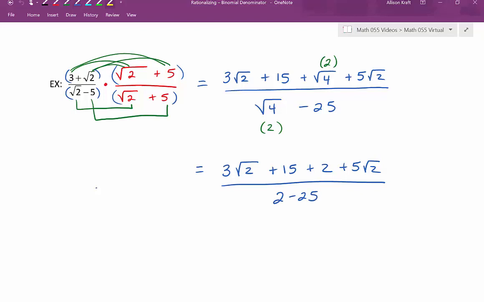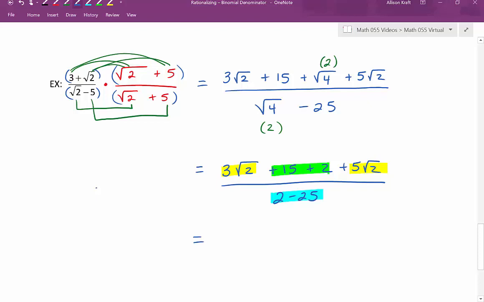We want to combine any like terms that we have. We do have like radicals in the numerator this time that have like coefficients, so we want to put those together. I also have constants in the numerator and constants in the denominator to combine.